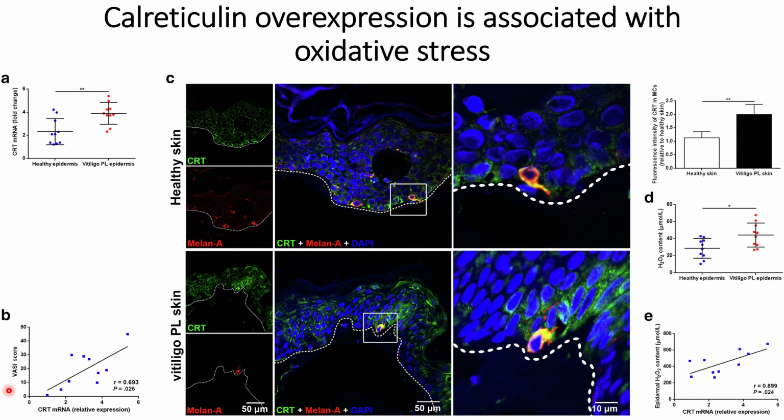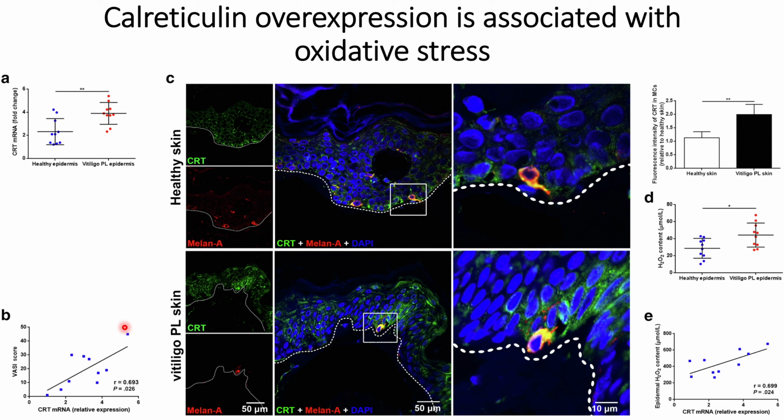So they checked the relationship of calreticulin expression with the different VASI scores, and they found that the relation is directly proportional. After validating that, with an increase in the vitiligo disorder, there is an increase in the calreticulin expression.